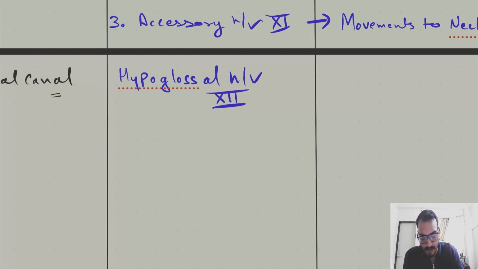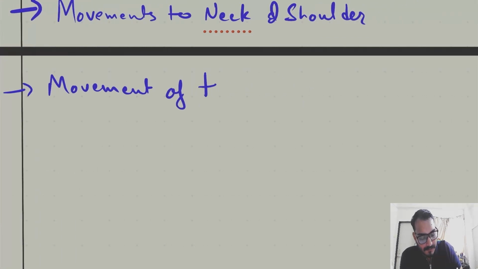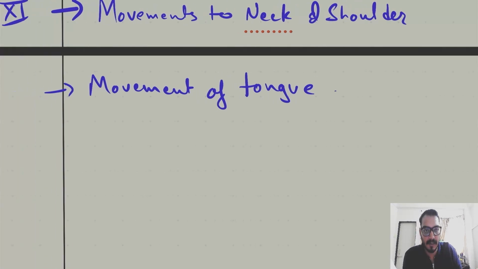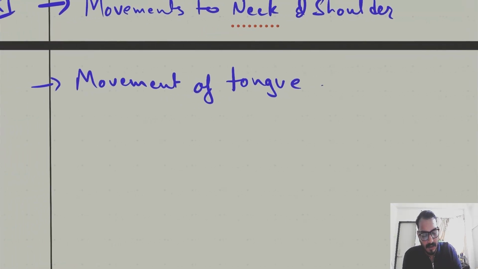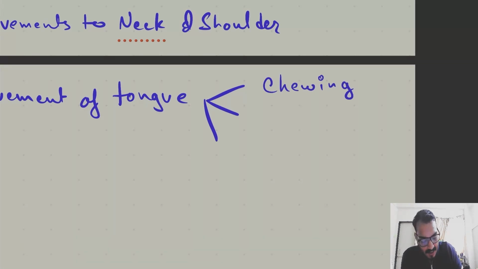This hypoglossal nerve will help in movement of the tongue, and the movement of the tongue is helpful for chewing, for speaking, and for, what is this, guys?